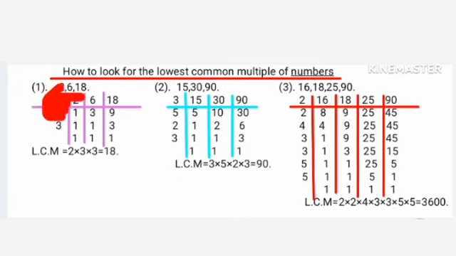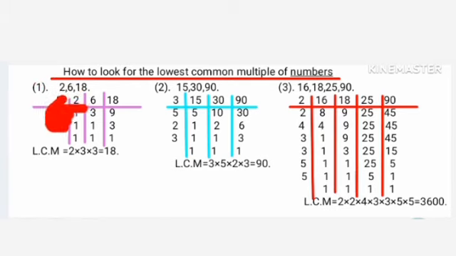What does it mean for a number to be a factor of another number? It simply means that the number can go evenly into the bigger number without remainder. So here we have 2, 6, and 18. You can see that 2 and 6 are factors of 18, so you don't need to solve anything. You just know that 18 is the LCM of these numbers.